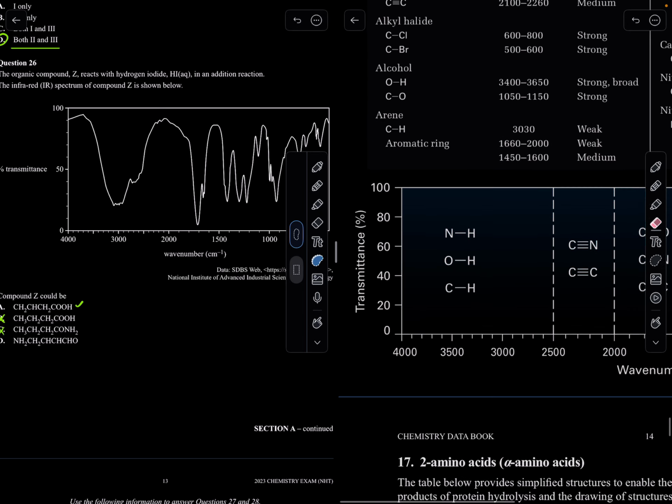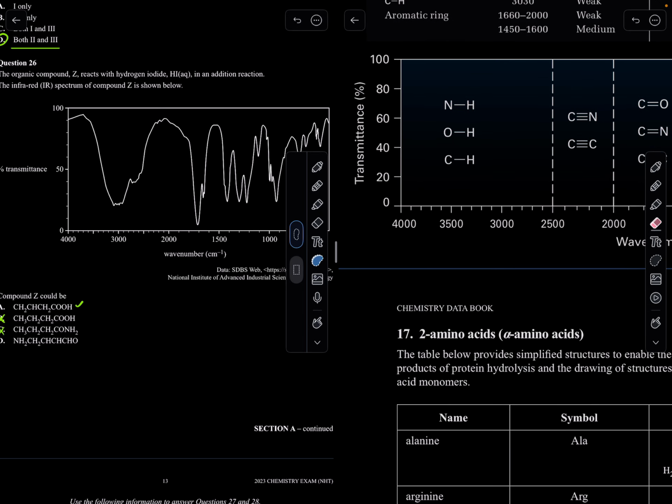You can see that if you have a peak from 2,500 to 400, which is here, in our case, here to here, it would likely indicate an NH, OH, or CH group. Now, of course, it's not a CH, so it's normally OH or NH. It's a nice figure you should memorize. It is so helpful when you're doing these questions.